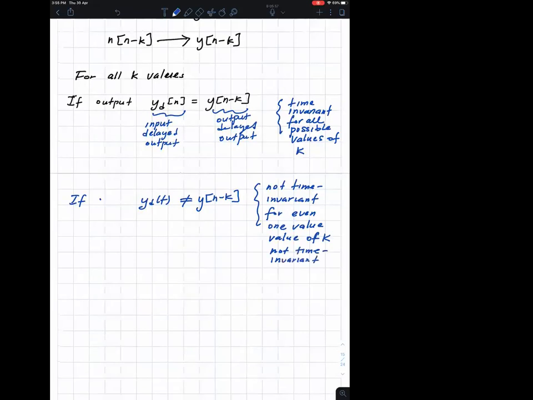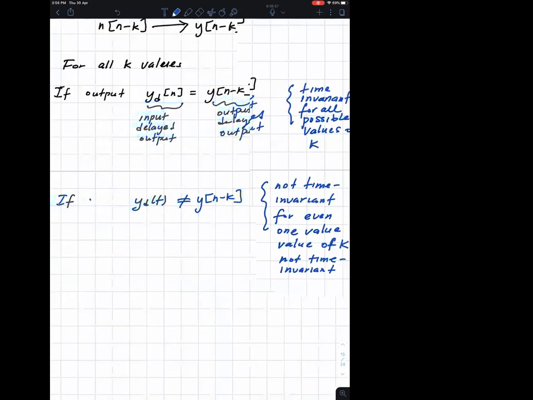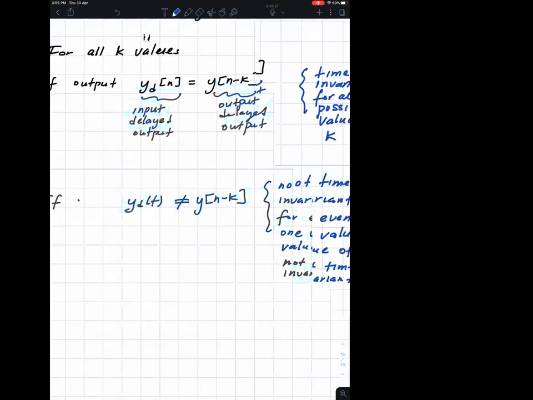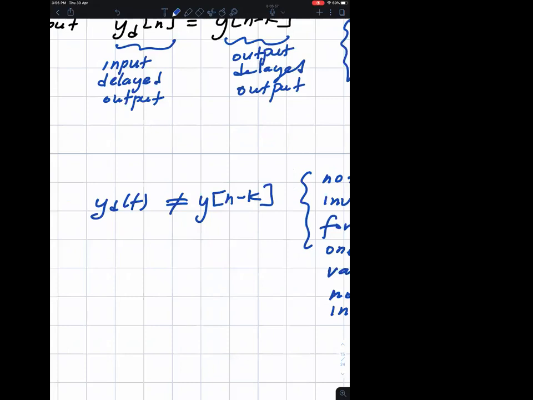Okay, what this is telling is, if this is the case, it's not time invariant for even one value of k. Even if this rule is violated for one value of k, then it's not time invariant.